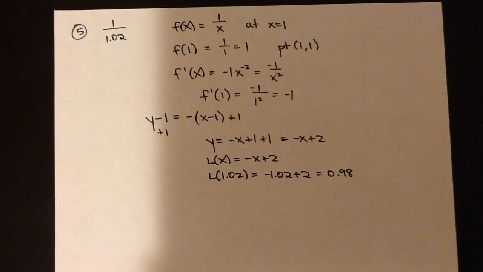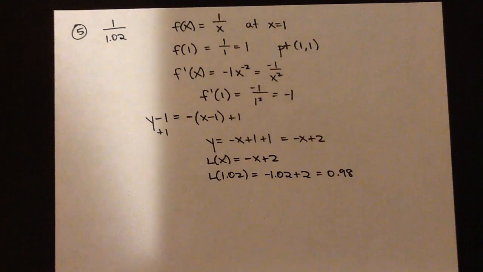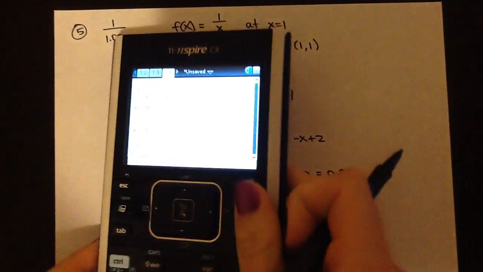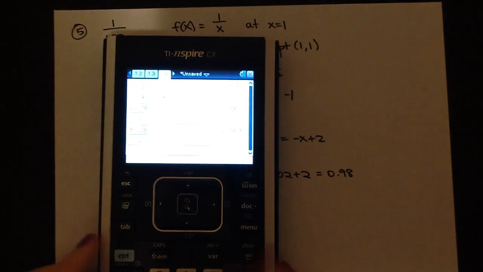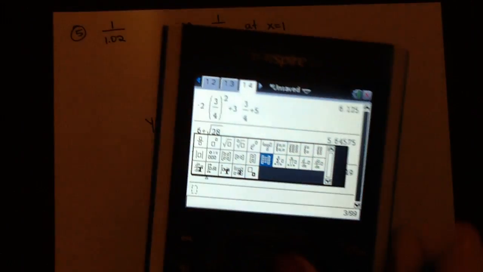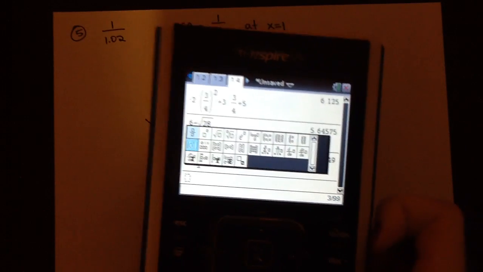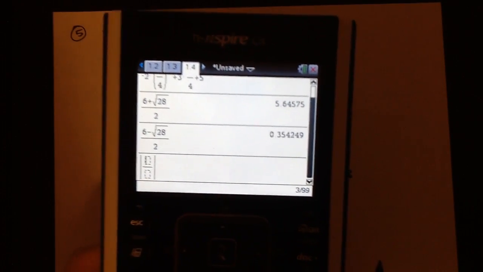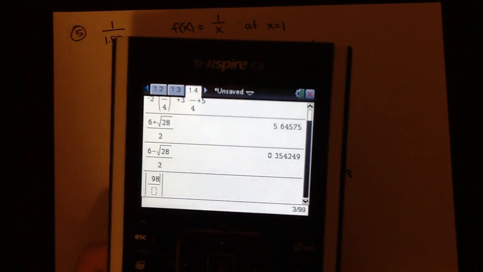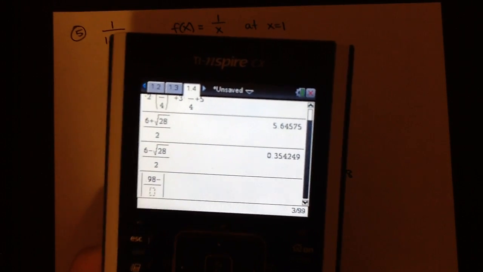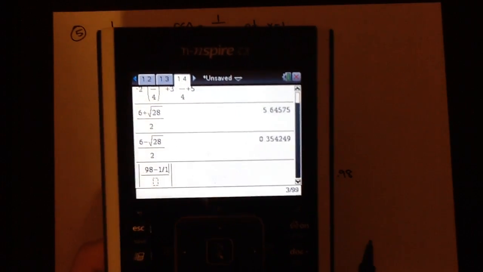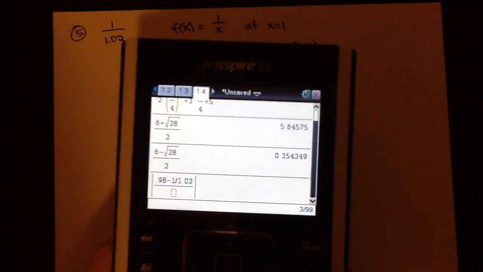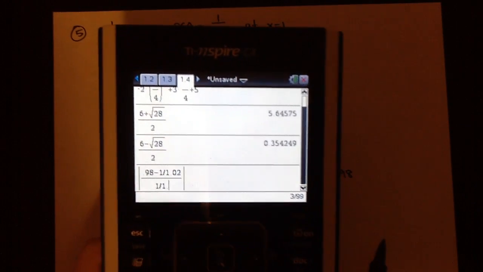And then what we want to do is use a calculator to estimate the error. This is my formula, big absolute values. Absolute value, and then I put in here the estimate, which is 0.98, minus the actual value, 1 divided by 1.02, and then over the actual value, 1 divided by 1.02.